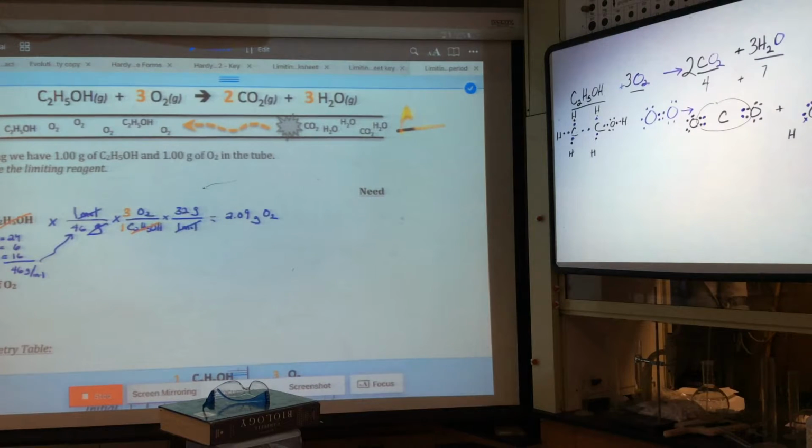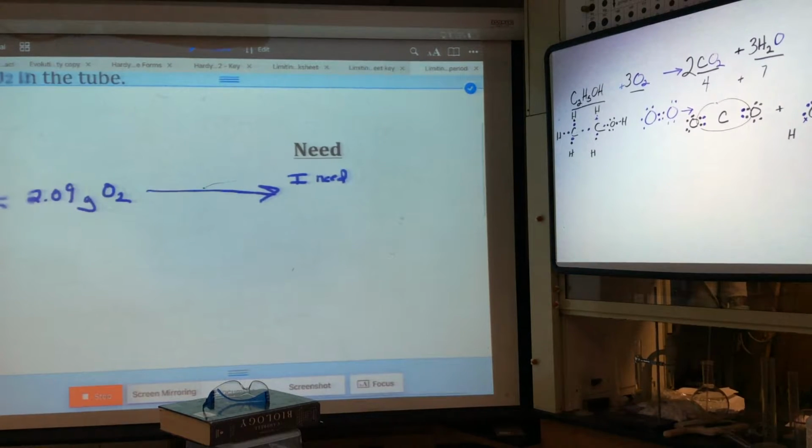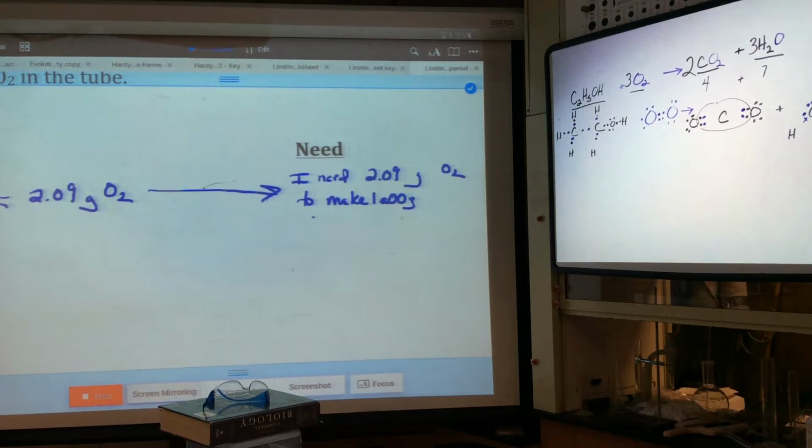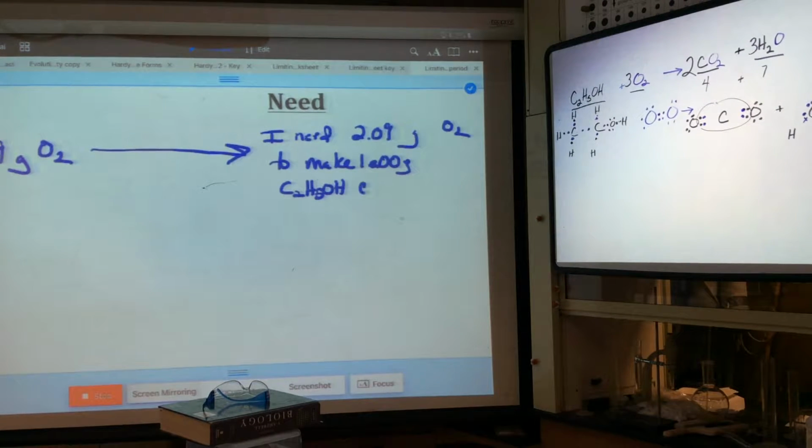So, party people, that's how much I need. What does that mean? That means I need 2.09 grams of O2 to make 1.00 grams of C2H5OH disappear, or completely react.